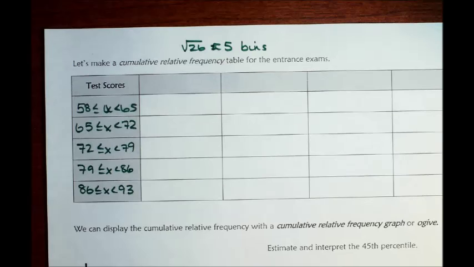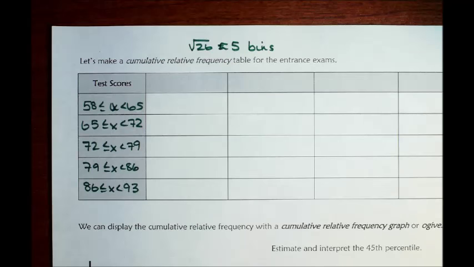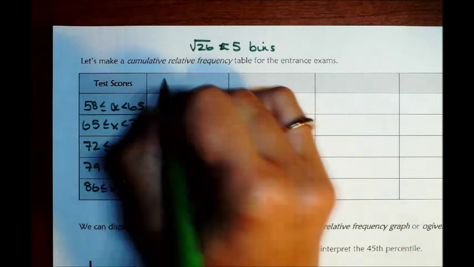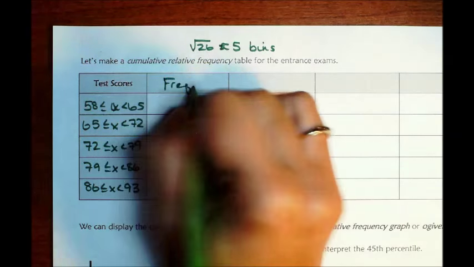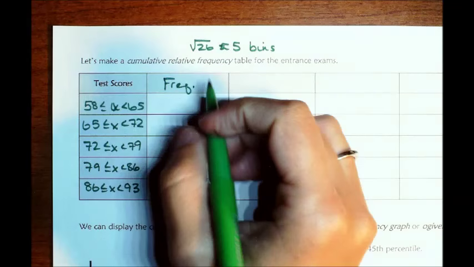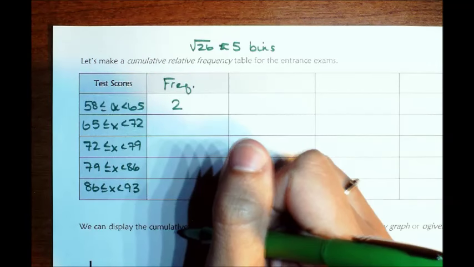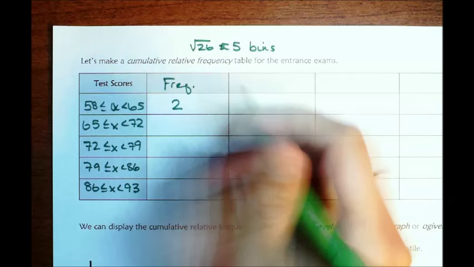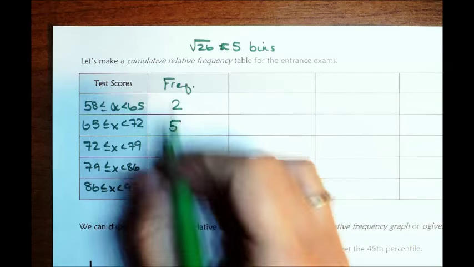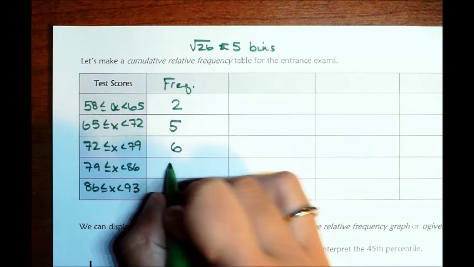So what we want to do is find our cumulative relative frequency. So we already know how to find frequency, pretty easy. When we go back to the table of Frank's scores, there are 2 people who took the entrance exam who got between 58 and 65. 5 people got between these scores, 6, 7, and then 6.